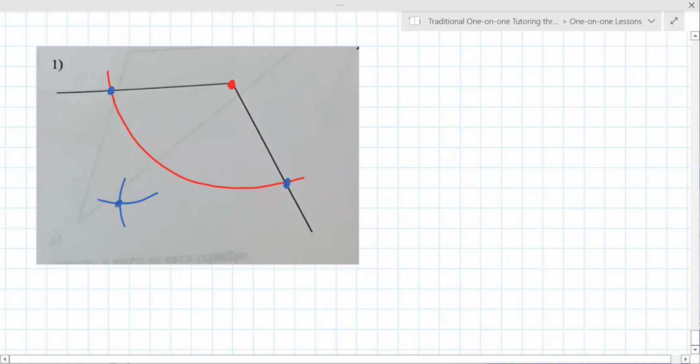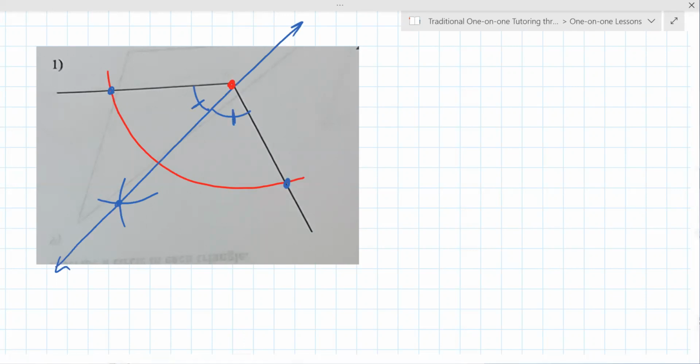And you end up connecting the dots there like that. And the idea is that this angle is congruent to this angle. This is one of the early ones that they show you, and I think it's kind of cool to see this.